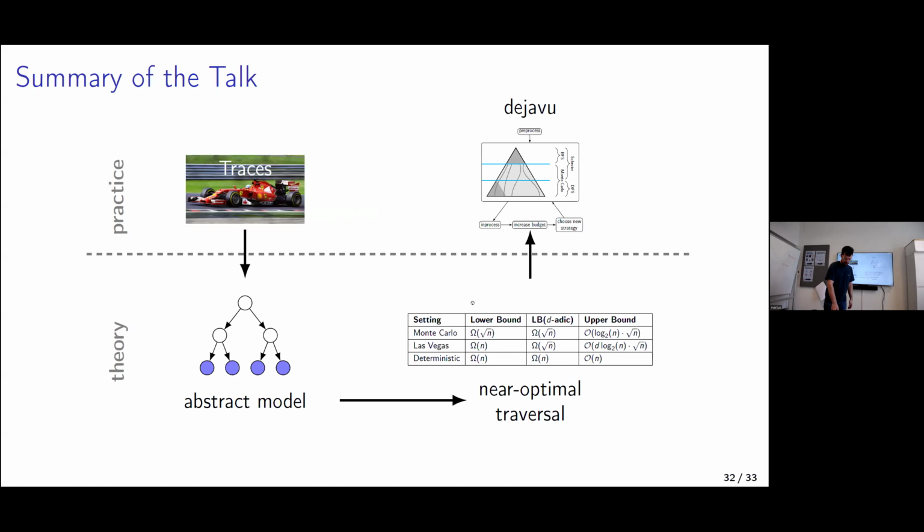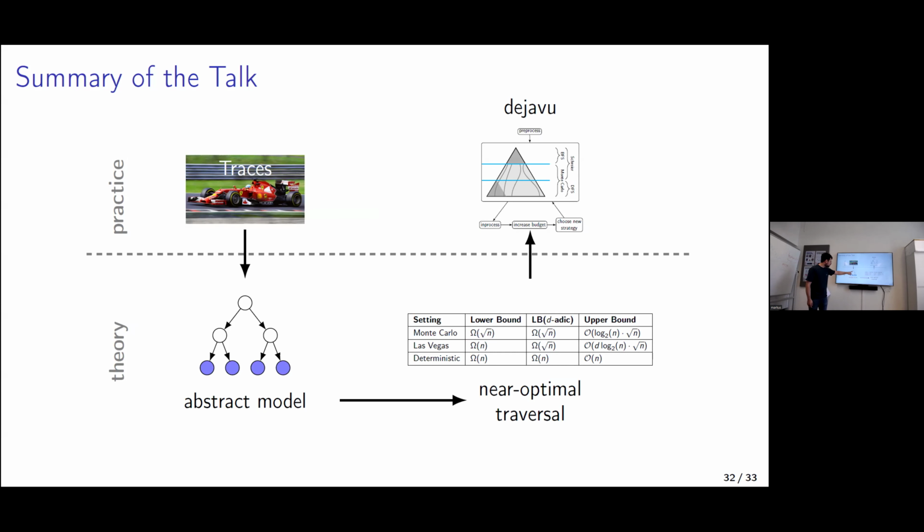Okay, so maybe to summarize the big picture of this talk. What was this talk about? We started off with the practical observation that traces is super fast. It has very special traversal strategies that enable this, and it inspired an abstract model for the backtracking behavior of this tree. We designed this abstract model to model something in practice.